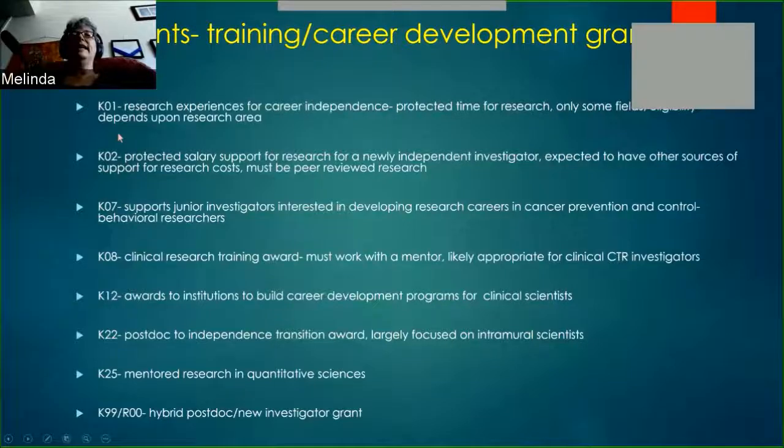And again, not all institutes fund all of these mechanisms. And you really have to read about the details about which of these mechanisms is most appropriate for you. But I actually completely wasn't thinking about the K grants when the question came up about postdoc funding. So if you're a postdoc that's finished 1 year or so of postdoc training, the F32 is appropriate.